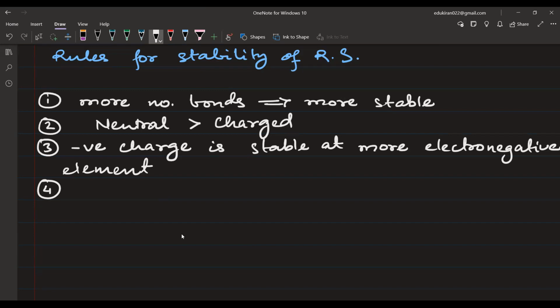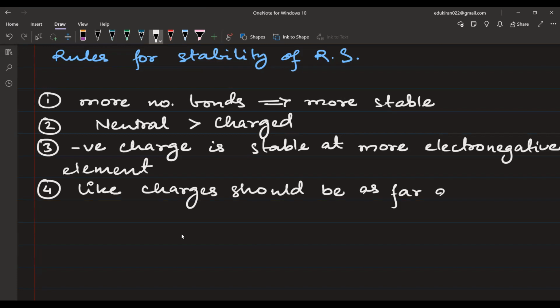Right. Next, like charges should be as far as possible, because like charges repel each other. So if you bring them near, it is going to cause repulsion, and repulsion causes destabilization. It reduces the stability.